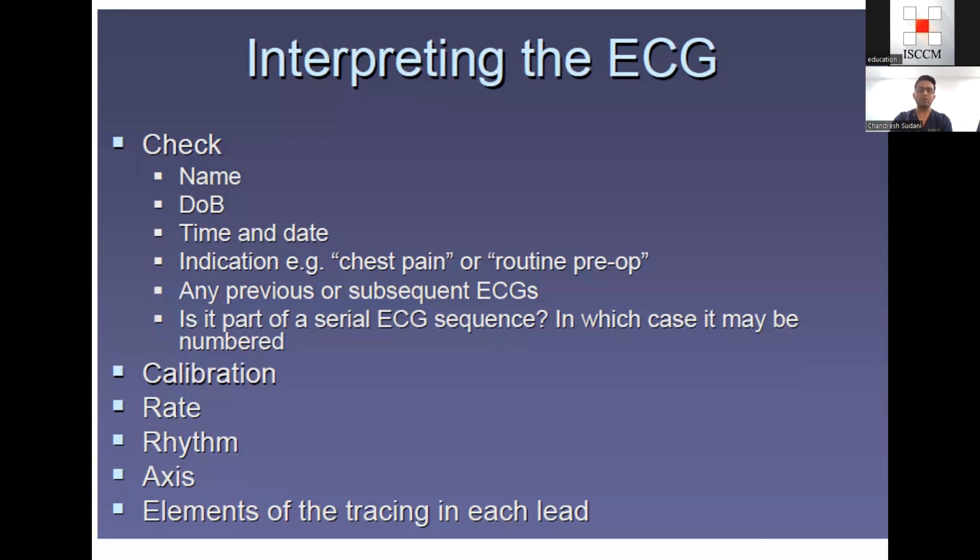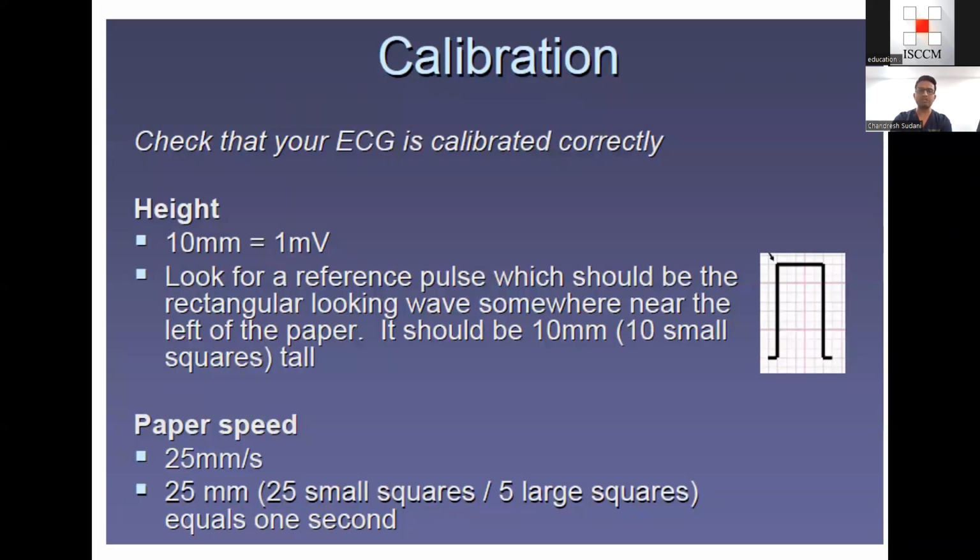Apart from that, once you check the labeling, check the calibration. How to check the calibration? Always look at the corner of the ECG paper, where exactly the ECG strip starts. There you will find one rectangle. This rectangle will generally be about 10 millimeters in height, so it will comprise a minimum of 2 large boxes.